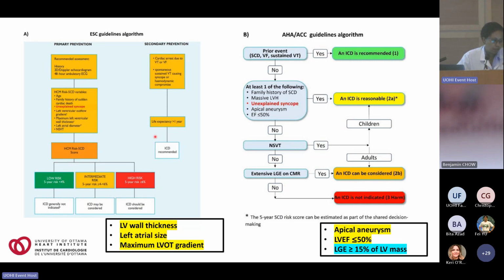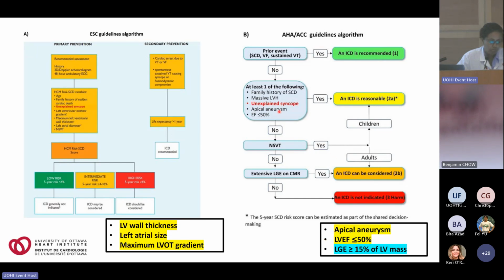The ESC uses a risk calculator to show who is at high, low, or intermediate risk within 5 years. From the imaging perspective, the ESC includes LV wall thickness or LA size, which is not based on that many studies, or maximum LVOT gradient, whereas the American guidelines focus on any one of these findings.